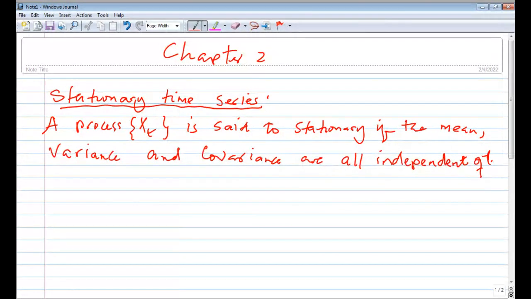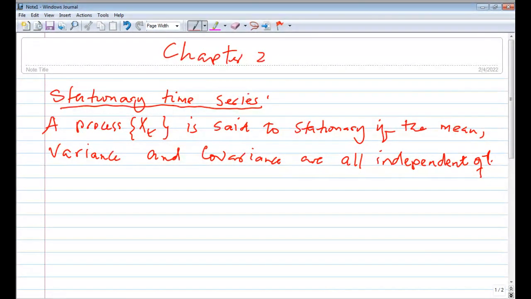In other words, what do we mean? You have a process, and we just want to check if that process is stationary. To do that, you calculate the mean, the variance, and the covariance. If all of them don't depend on t, then the process xt is stationary. Are we together?